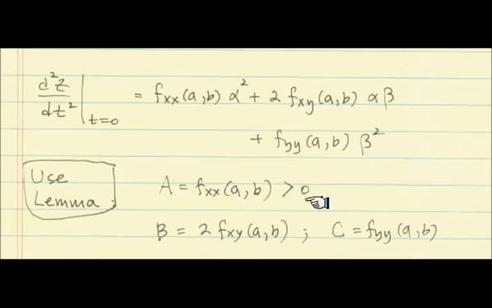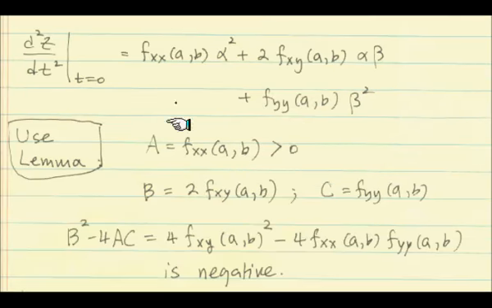So let's see if we have the conditions. First, this capital A was required to be positive, and we have that condition from the statement. Let's look at the second part. The second part of the condition for that lemma requires b squared minus 4ac to be a negative number. Then this whole thing is going to be positive, and that's the conclusion of the lemma.